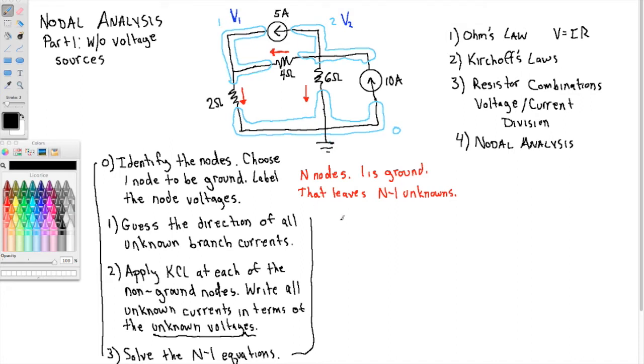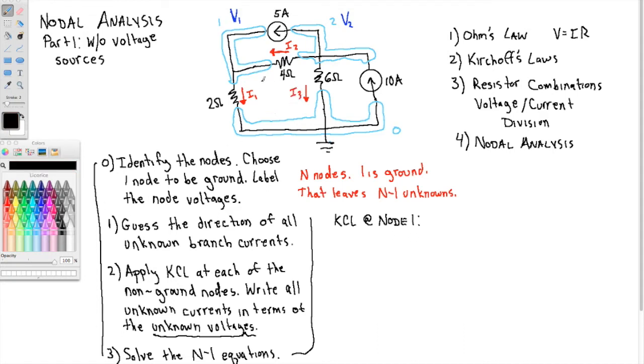Alright, so here we go. Let's do KCL at node 1. KCL at node 1. So based on my guess here, and I'm going to label the currents so I can reference them. We'll call this I1, call this I2, call this I3.